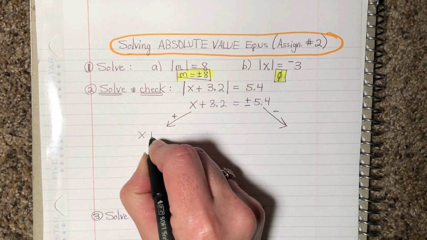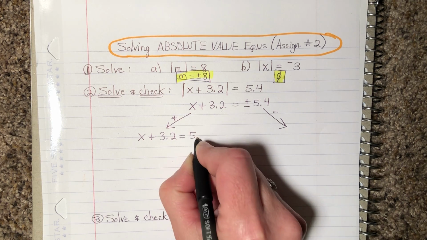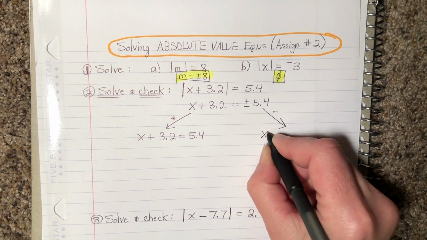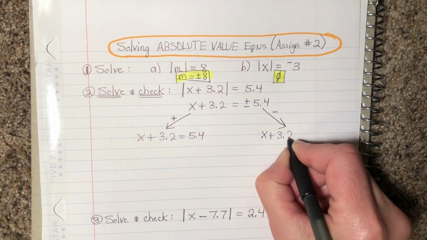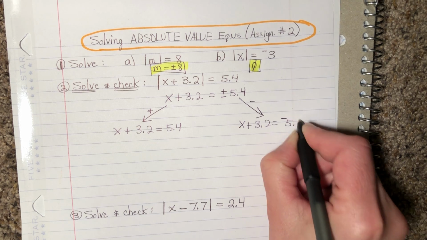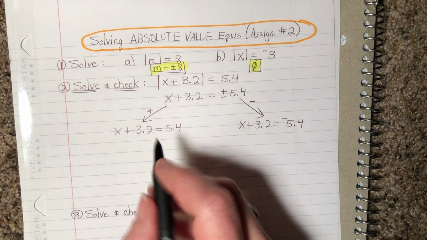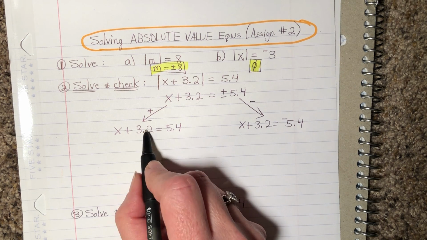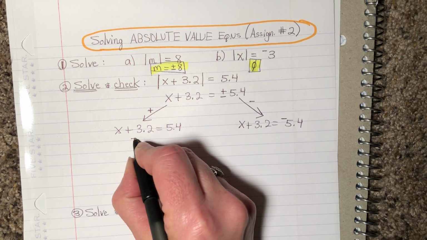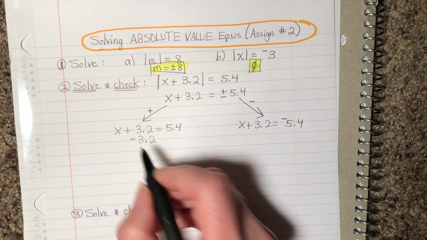So x plus 3.2 equals positive 5.4, because it's the positive branch. Then x plus 3.2 equals negative 5.4, because it's the negative branch. To solve it, I need to cancel out the 3.2 because my goal is to get x alone. I have to add the opposite sign number to it because that is going to make it go to 0.